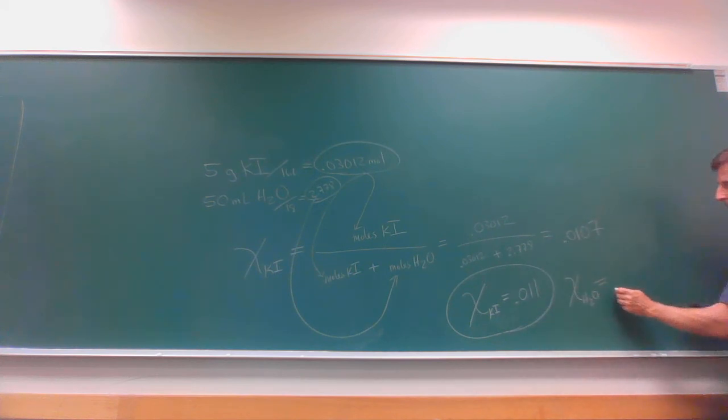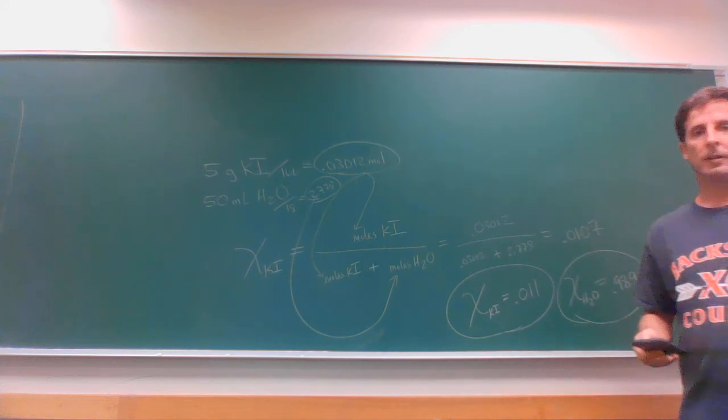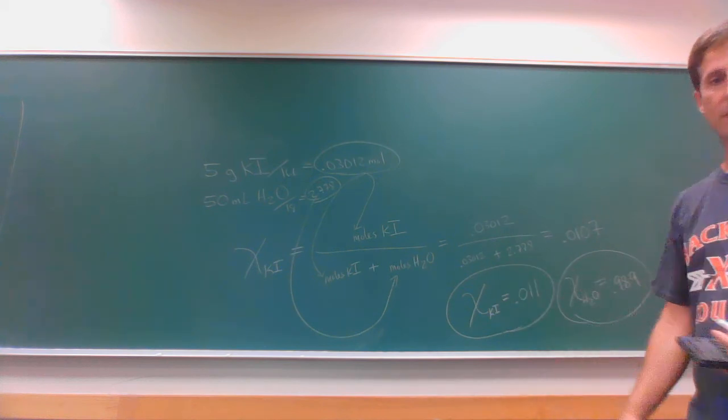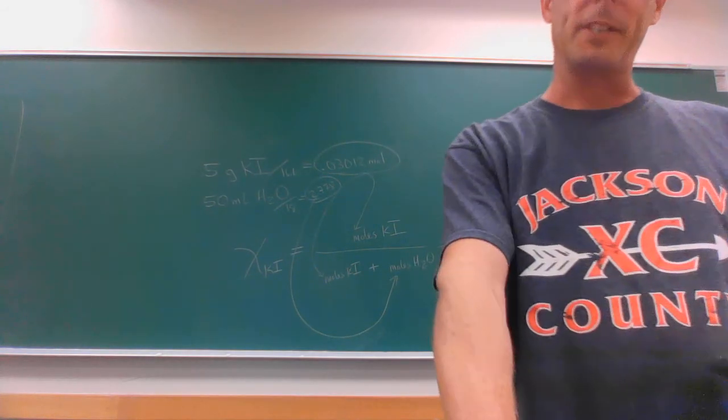So that's going to give me 0.989, or I can round that to 0.99. But either way, those are the mole fractions of both components in the solution. The question only asks for the first one, but if needed, the second one is easily found. Okay? Videos get long. I'm going to cut it off. I'll pick back up on this slide in the next one.